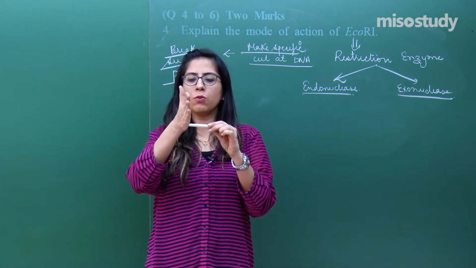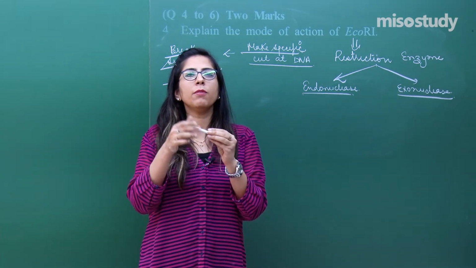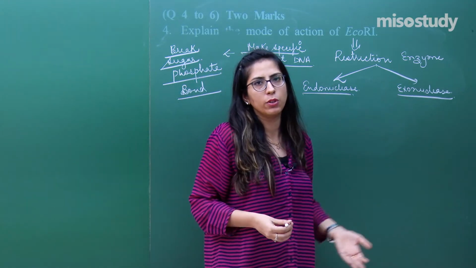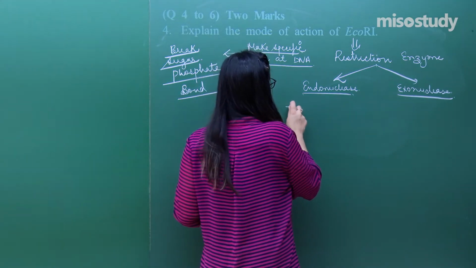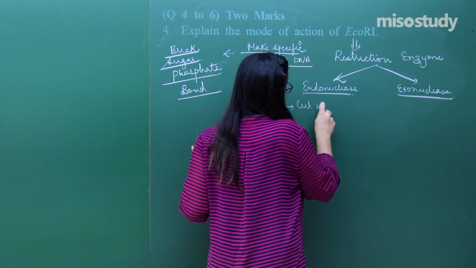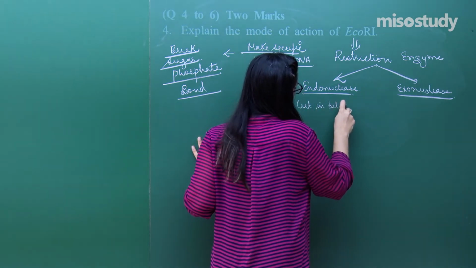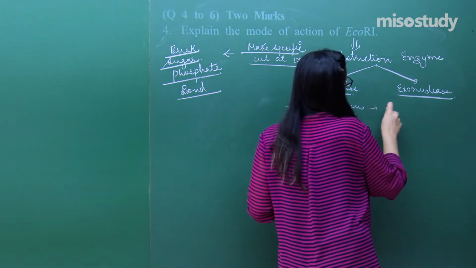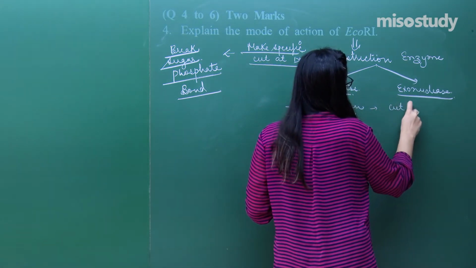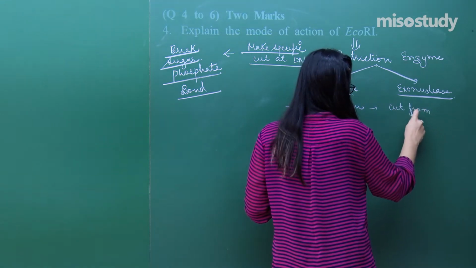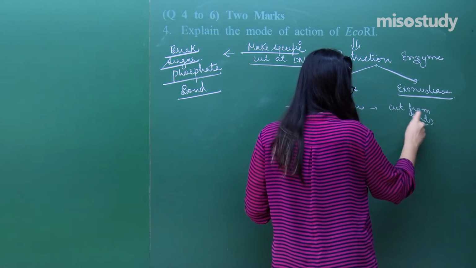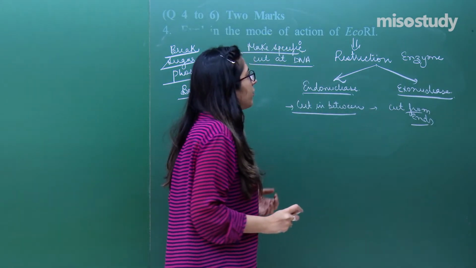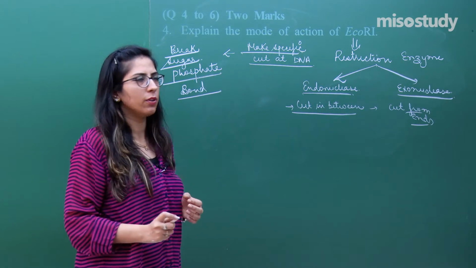Whereas when I try to cut it from the end, either from a 5' end or from a 3' end, that is called an exonuclease. So that means cut in between here, cut from ends, right. This is the difference between the endonucleases and exonucleases.